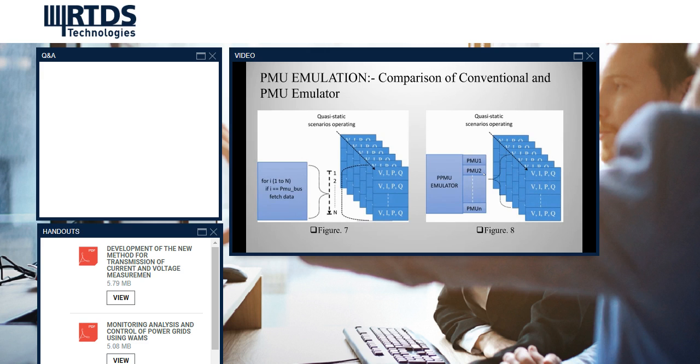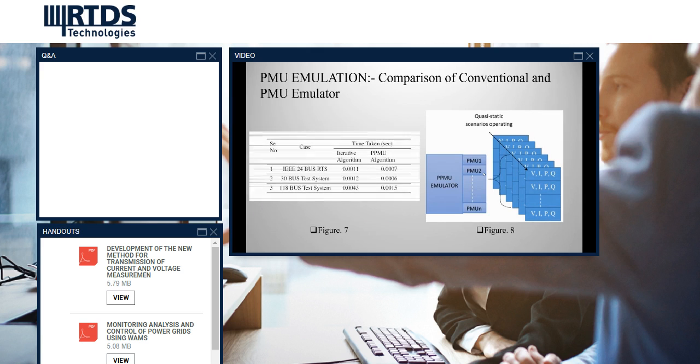Through this process, the timing is saved a lot. For example, we have shown here the sample cases of IEEE 30 bus, 24 bus and IEEE 118 bus system. The time employed for the iterative algorithm is 0.0011 seconds, while that for the PPM algorithm is 0.0007 seconds.